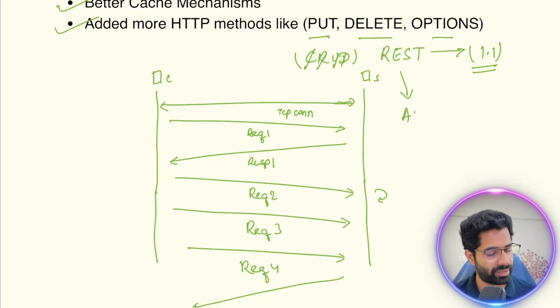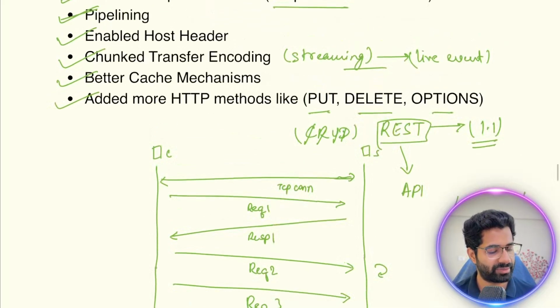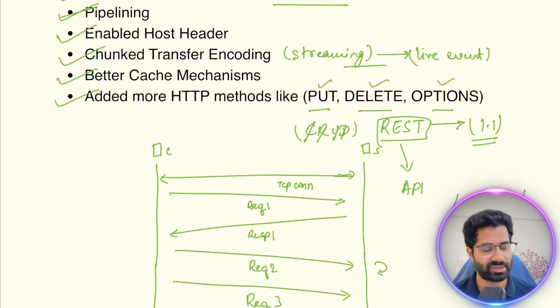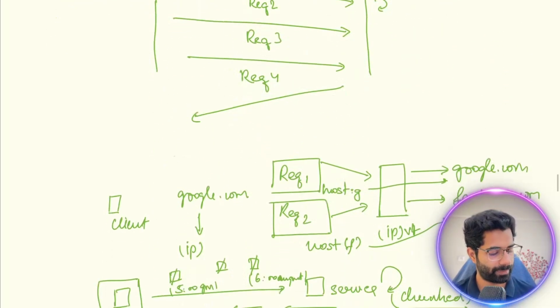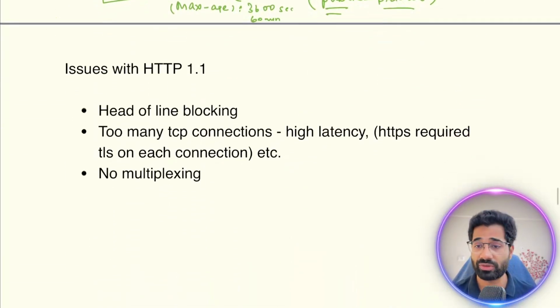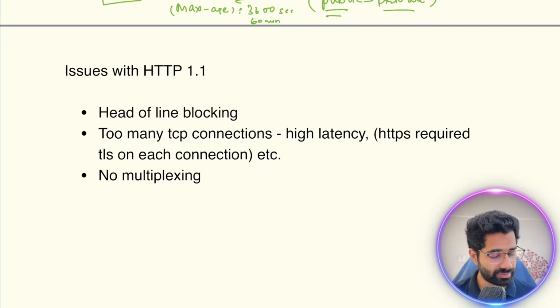In the API contracts that we have, each item is taken as a resource. Okay, and this architecture was facilitated because HTTP 1.1 had all these methods like put, delete, options, etc. So REST architecture on HTTP 1.1 was enabled because more methods were added in HTTP 1.1. Okay, now coming to the issues of HTTP 1.1, this is important.